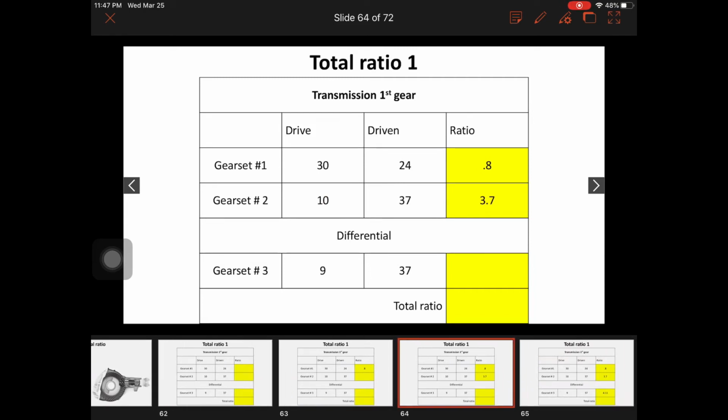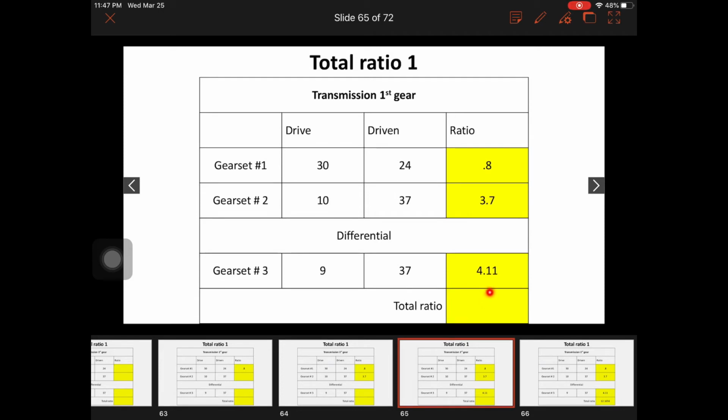Now, the final step is to calculate the ratio of our differential. In this particular one, we have 37 teeth on the driven, which would be the ring gear, and our pinion, which is always the drive, is going to be 9 teeth. If we do the math on that, which you've done about 100 million times by now, it is 4.11 to 1.